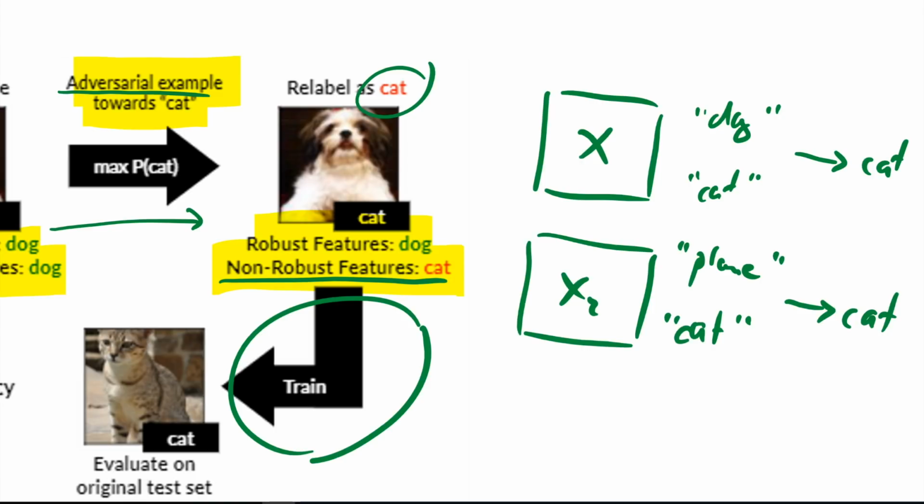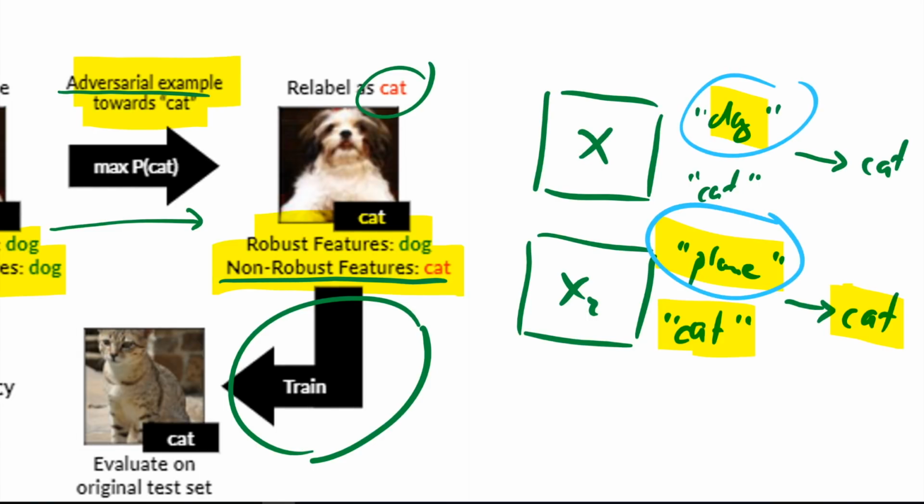So basically they construct a data set where the non-robust features always agree with the label, but the robust features don't. Naturally, what you can expect is that the classifier will learn to disregard the robust features because they're no longer useful. It's different from before. Before we only had these features. Now these features are still in there, but they're not informative.